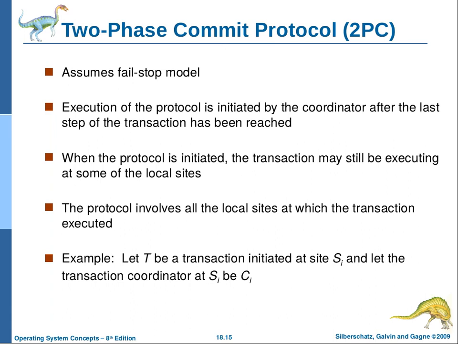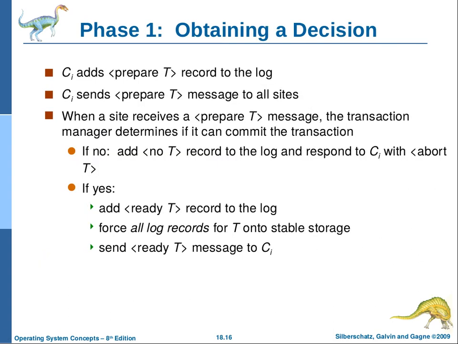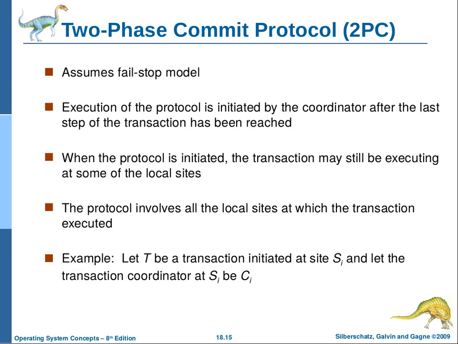I love this explanation. When the protocol is initiated, the transaction may still be executing on some local sites. Right. Okay, the protocol involves all local sites at which the transaction is executed, of course. And then they have an example using letters and subscripts that I think are a lot better with Death Stars and Galaxies. Okay, so C1, hold on, I see the sender.